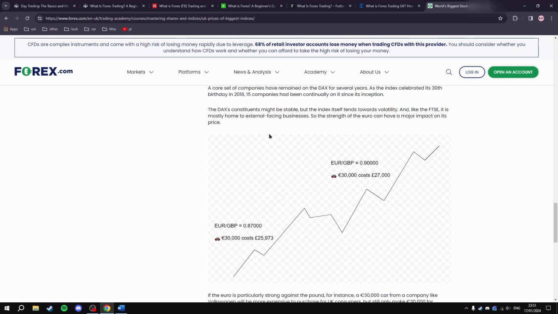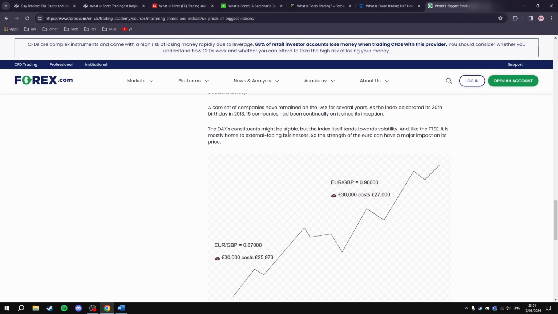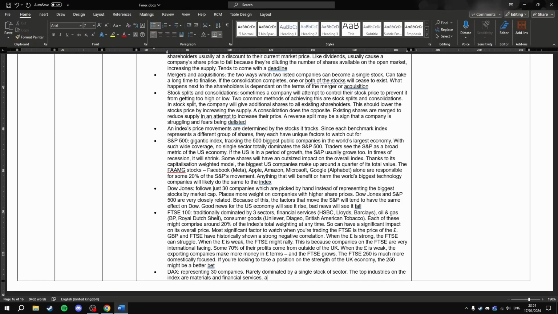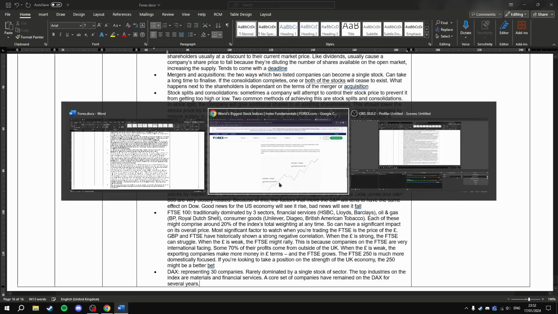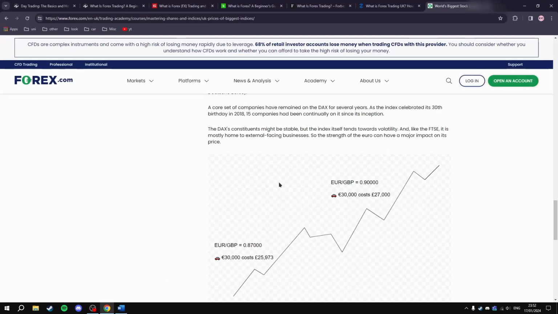A core set of companies have remained on the DAX for several years. As the index celebrated its 30th birthday in 2018, 15 companies have been continually on it since its inception.